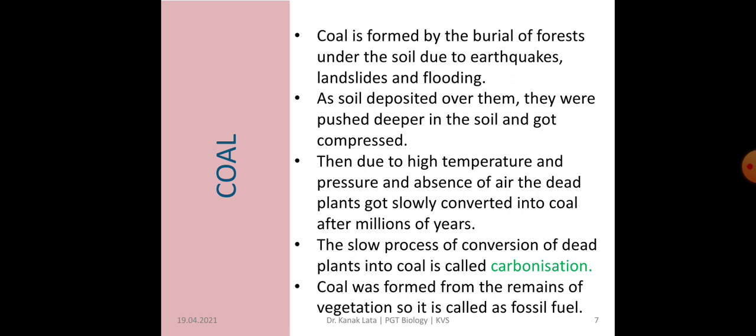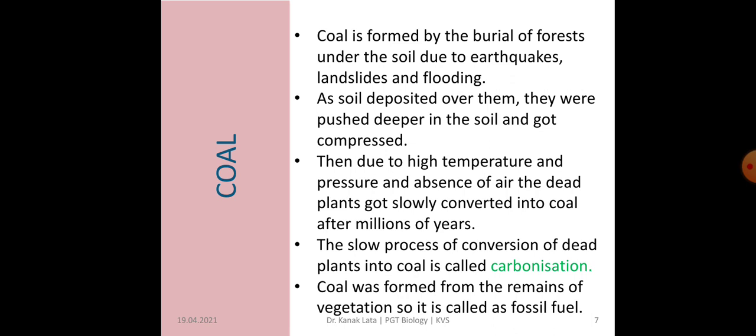Now let us see about the coal. Coal is formed by the burial of forest. When forest is buried under the soil due to some natural calamities like earthquake, landslides and flooding, the soil deposits over them and they are pushed deeper into the soil and get compressed.